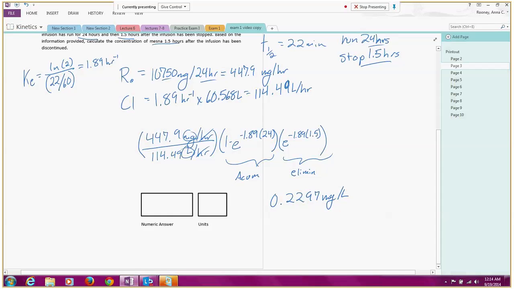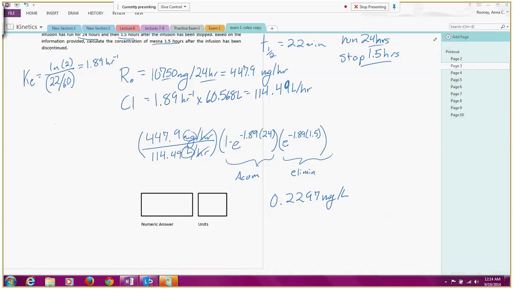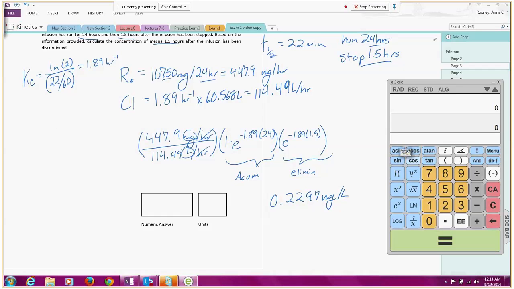I actually have not done this on my calculator, but I'm pretty sure it's really close. All right, our concentration steady state is 447.9 divided by 114.49. So that's our concentration steady state.